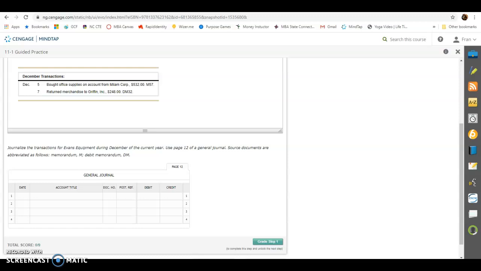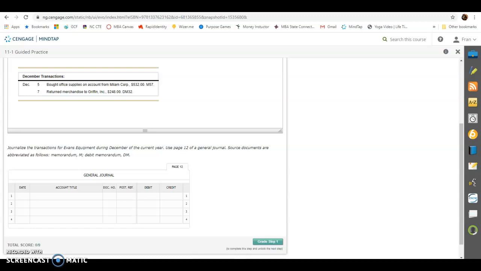So we are going back way, gosh, it's been 4 or 5 weeks ago when we finished doing our special journals. But the one thing we talked about when we were doing the special journals was that when we buy stuff on account, it goes in the purchases journal, but we also buy some things on account that aren't purchases for resale, and they do not go in the purchases journal.